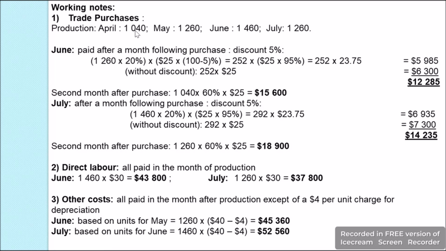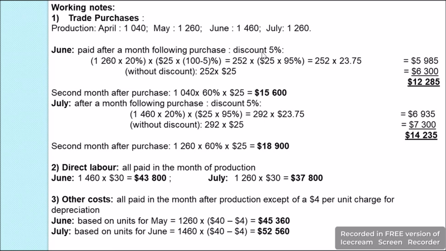So for trade purchases it was given that 1/5, that is 20%, is paid a month following the purchases, and they will get a discount of 5%. That is, whatever has been purchased in the month of May, 1/5 of this will be paid in the month of June with the discount of 5%. So in the month of May, the purchases which we have is 1260 units, and 20% of this will be 252 units.